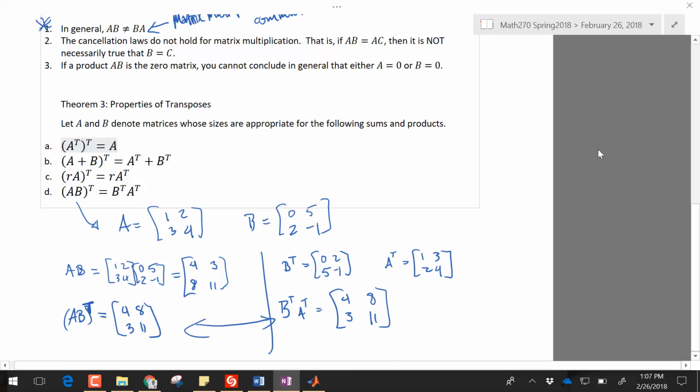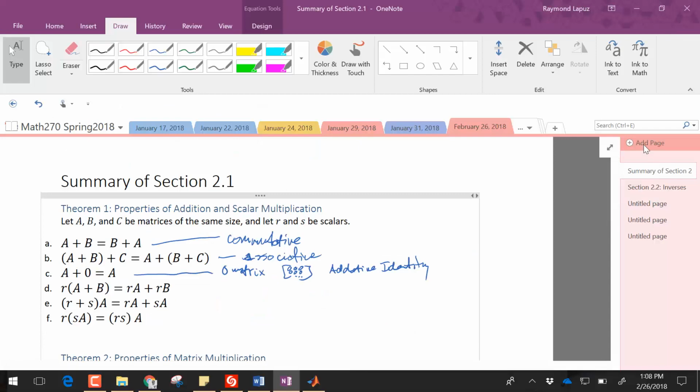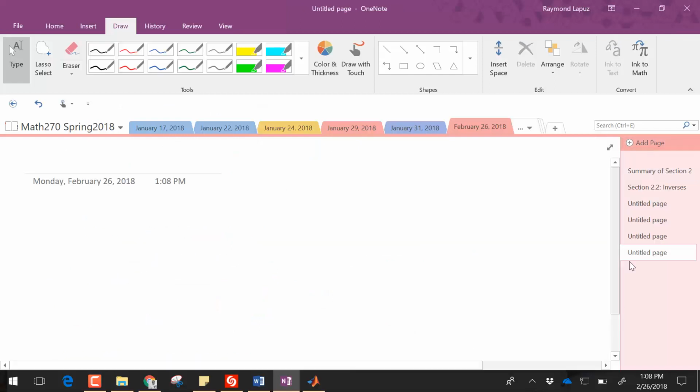Yeah, they stuck it in there. I suppose we should mention powers. I don't have any more room here. I'll sneak in a page.